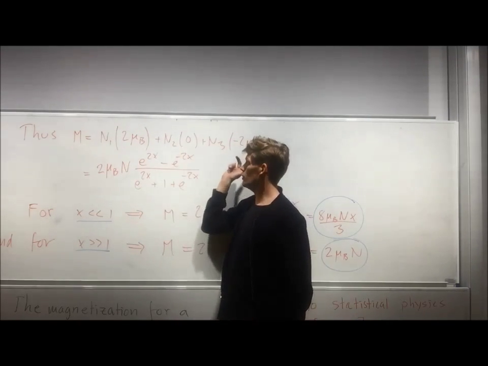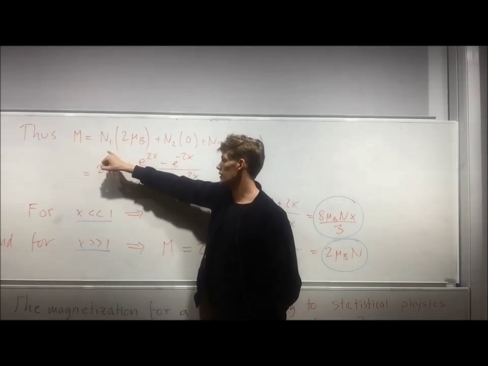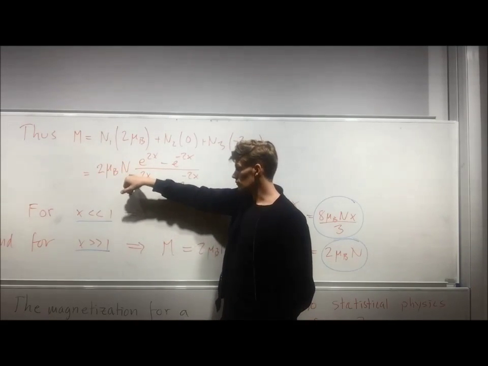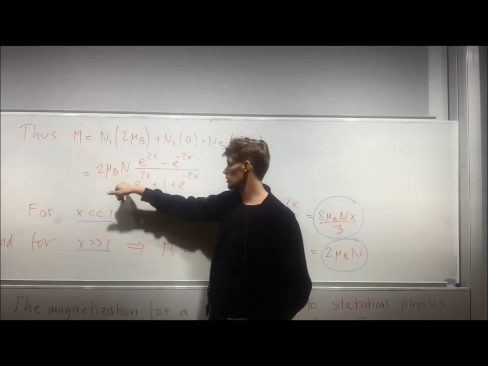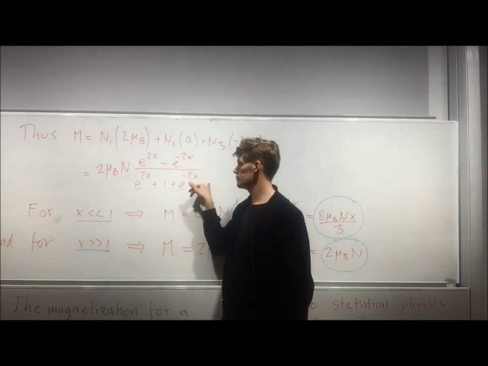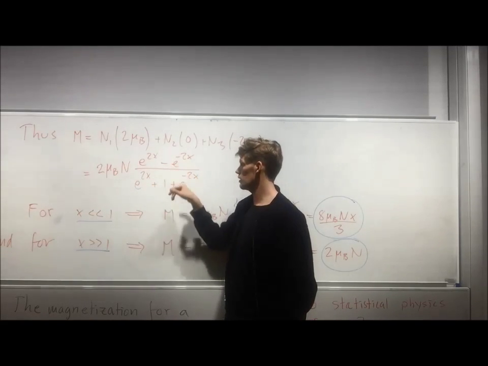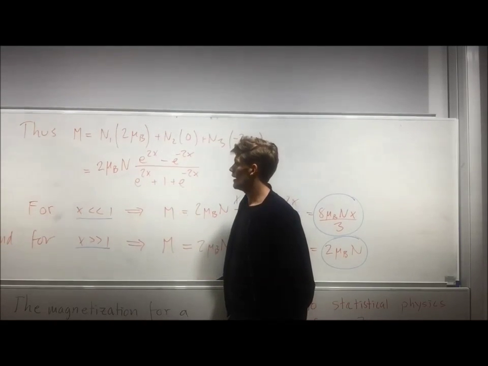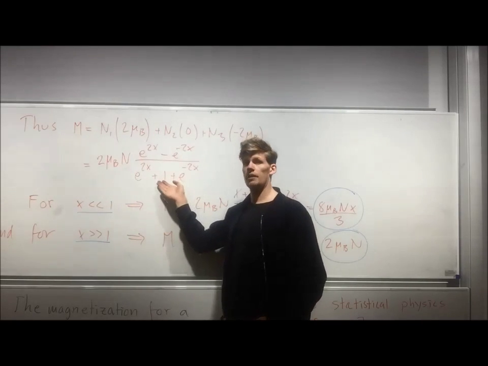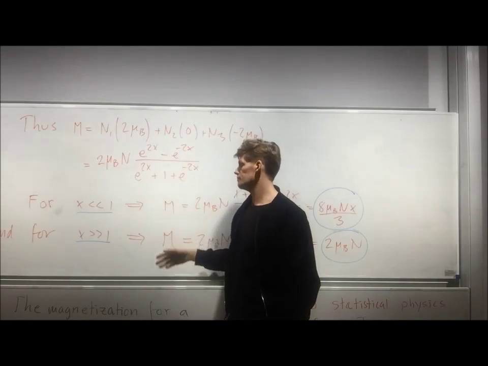And if you just put in the values for the n here, you see that this expression becomes this here, where I just calculated what the sum is, and so forth. And so basically this is the expression for the magnetization in terms of x.